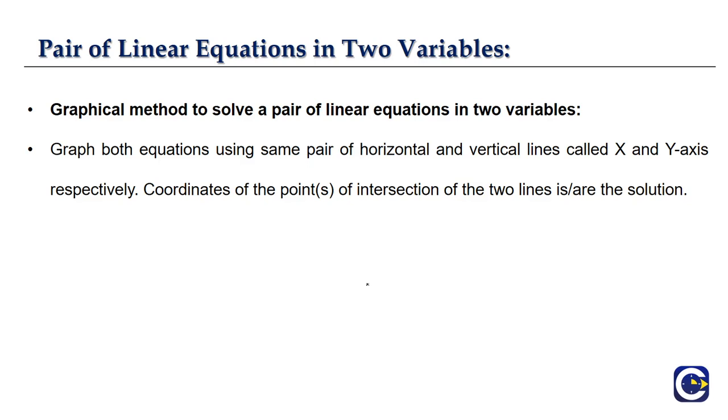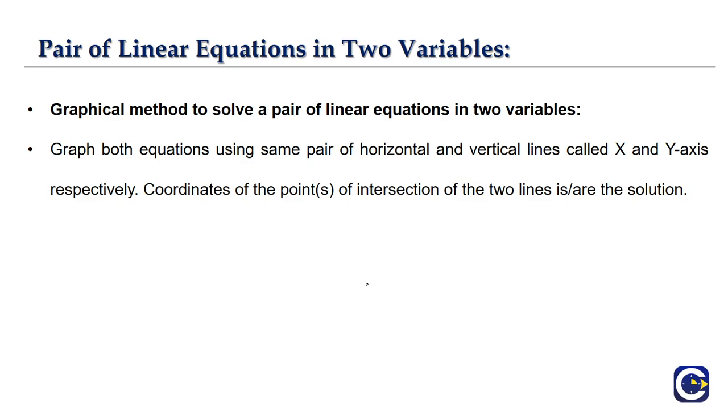To find the solution using the graphical method, graph both equations using the same pair of horizontal and vertical lines called the x and y axis. In the same axis we have to plot both equations, and the coordinates of the point of intersection of these two lines is the solution.